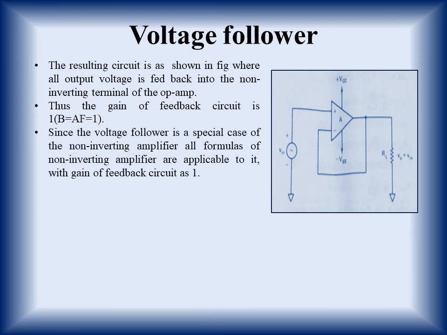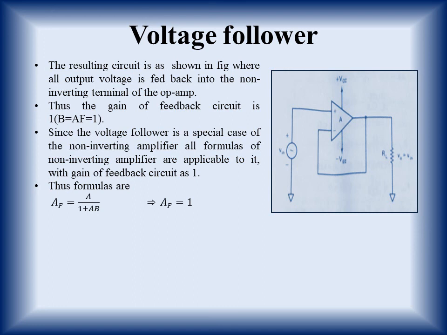Since the voltage follower is a special case of non-inverting amplifier, all formulas of non-inverting amplifier are applicable to it, with the gain of feedback circuit as 1. So all the formulas that we have studied up till now in case of non-inverting amplifier with negative feedback can be applied equally for voltage follower. We can see one by one.